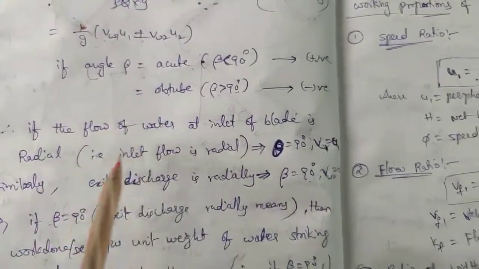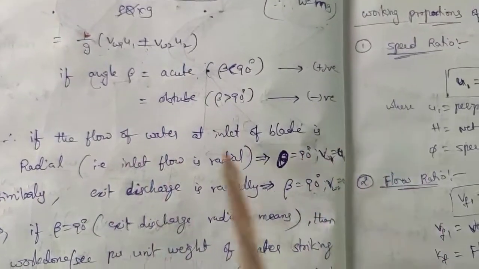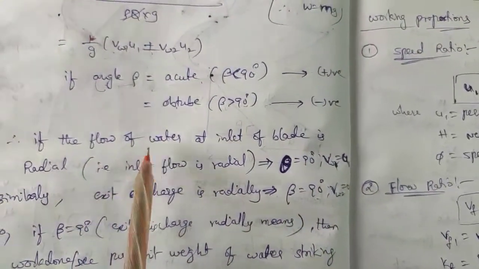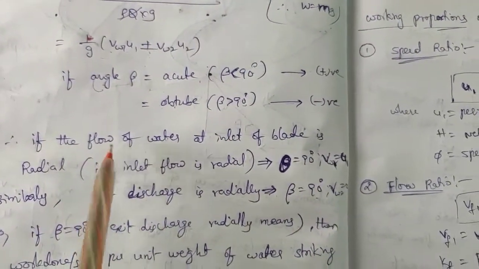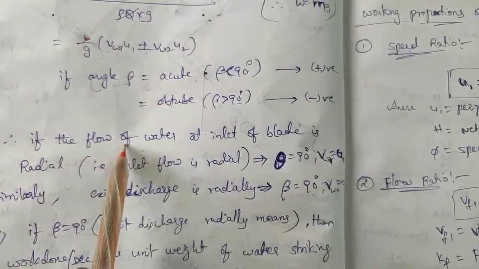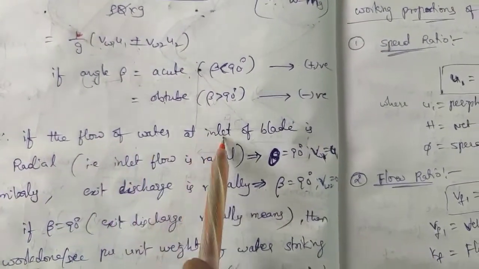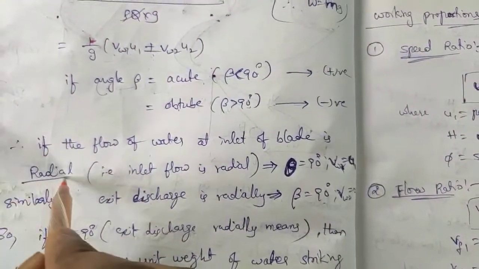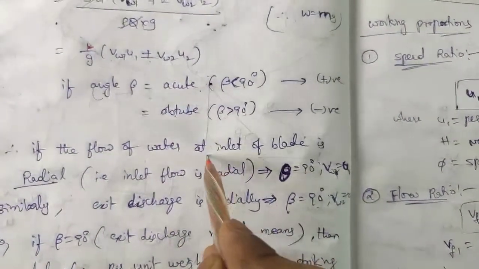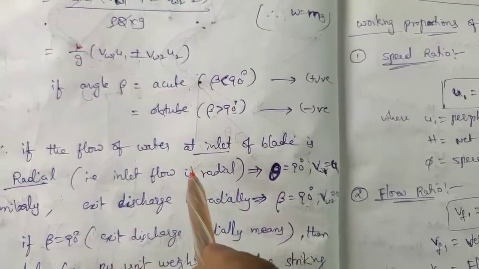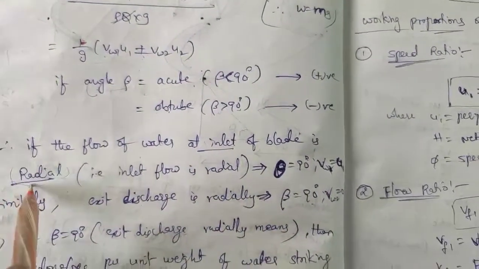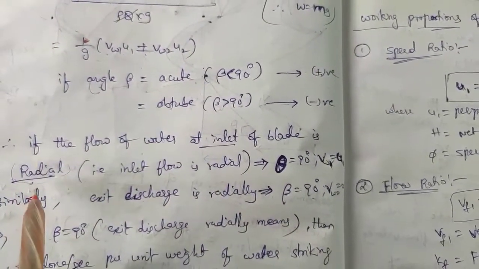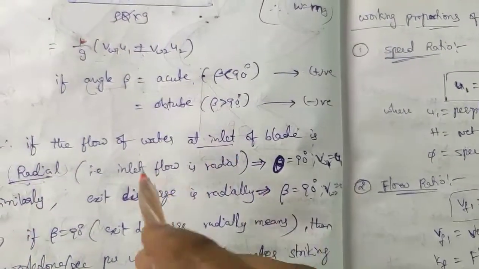And one more thing, in the problem the question is given like this: if the water flow at inlet of blade is radial at inlet. Whenever you see radial in the problem terminology, that means we take 90 degrees.